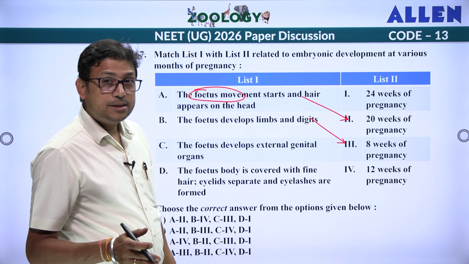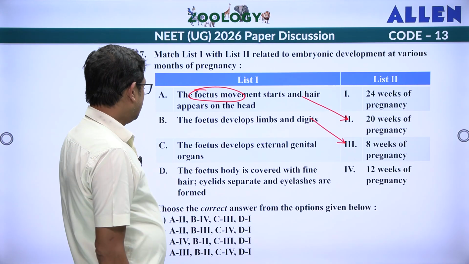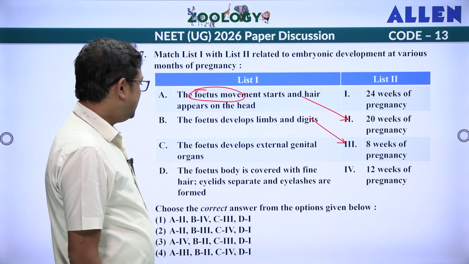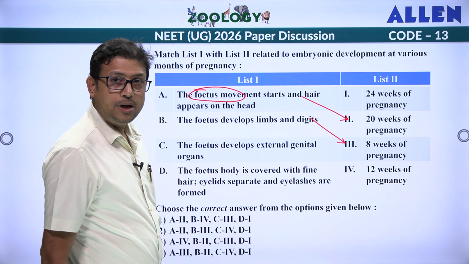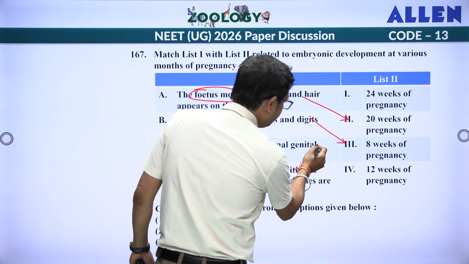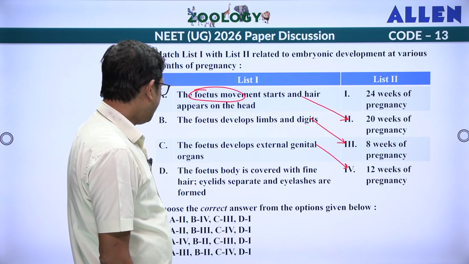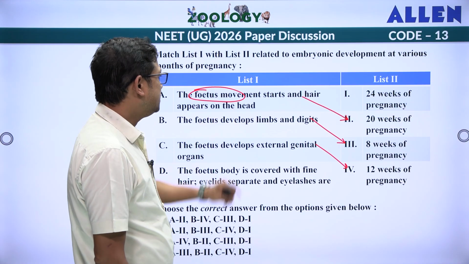By the end of the first trimester almost all major organs are formed. So the fetus developing external genitalia will be at the end of the first trimester. First trimester means 12 weeks. The fetus body is covered with fine hair, eyelids, separate eyelashes are formed, that is 24 weeks.